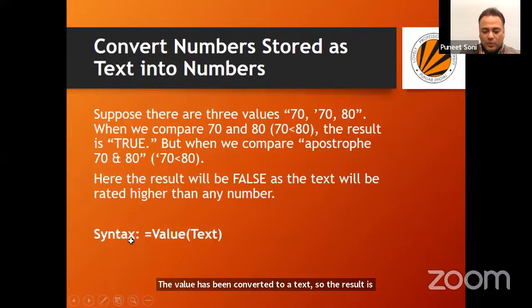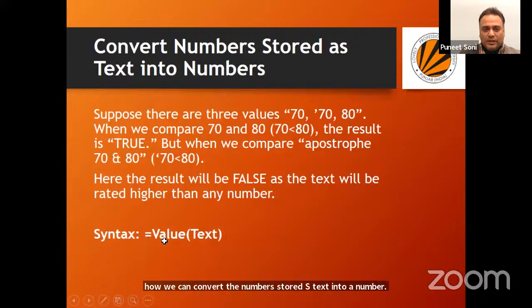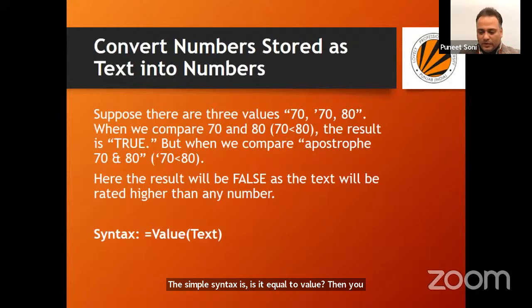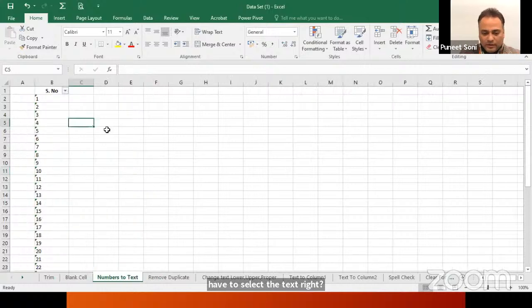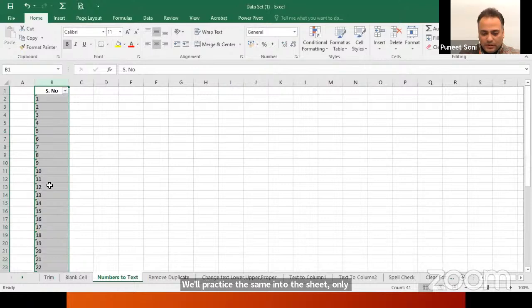So how can we convert the number stored as text into a number? The simple syntax is equal to value, then you have to select the text, right? We'll practice the same in this sheet only. I've got a column B with numbers only. There are 40 numbers stored in this B column.